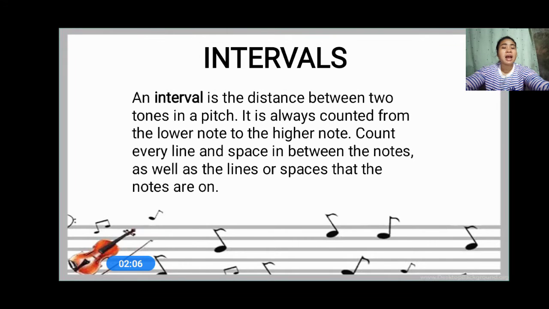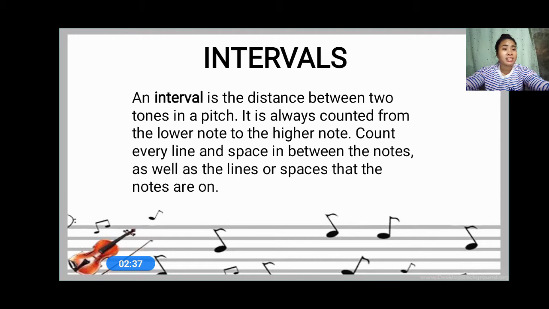Everyone, an interval is the distance between two tones in a pitch. It is always counted from the lower note to the higher note. So count every line and space in between the notes as well as the lines or spaces that the notes are on.